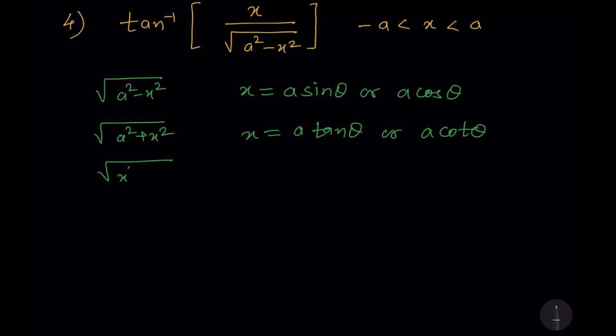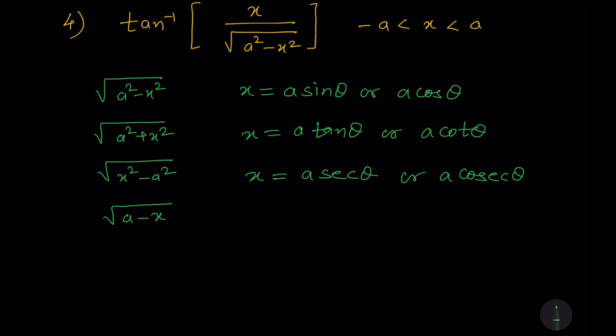And the next type is when you have square root of x square minus a square, then in that case x is equal to a sec theta or a cosec theta. Fine. So these three are okay. Next, sometimes you might get an expression like square root of a minus x.